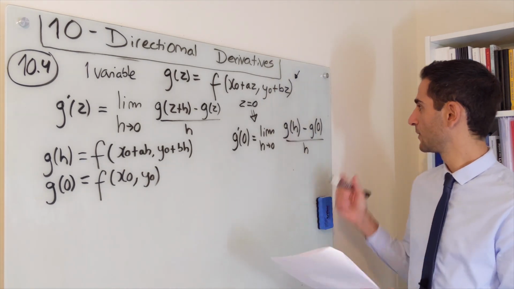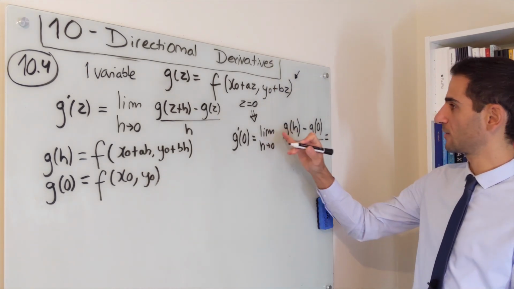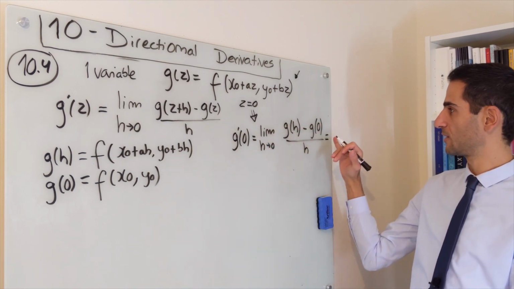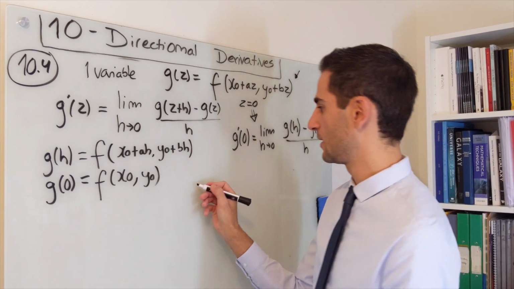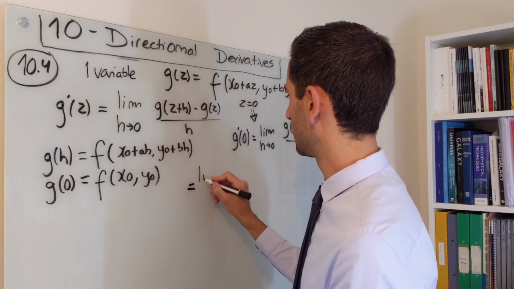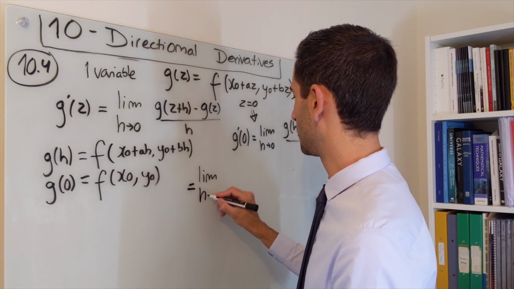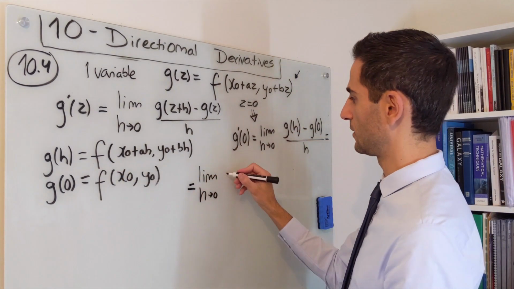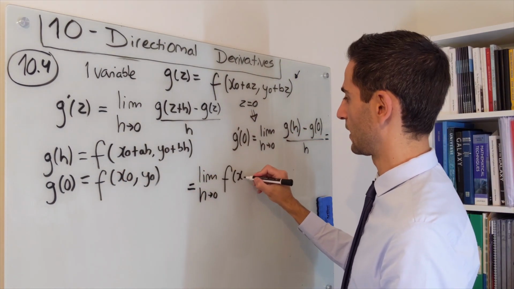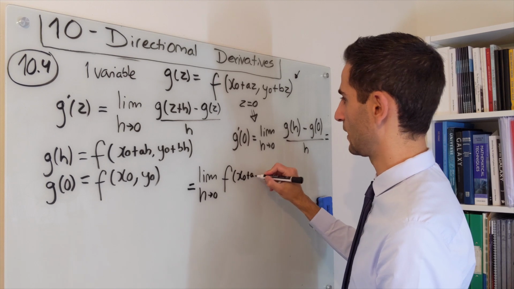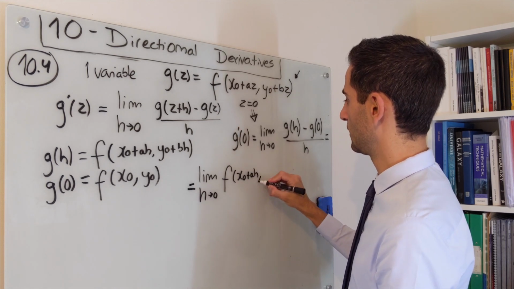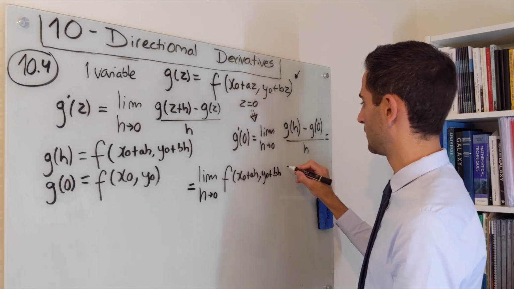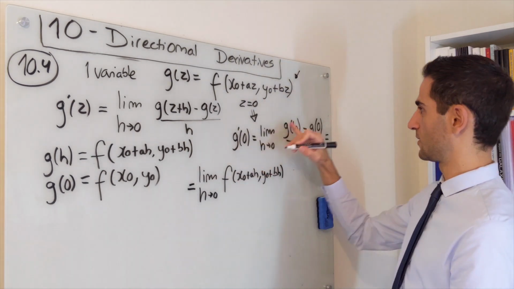Why is this useful? Well, it is useful because we can also write this. All we did is expand what these terms are. This is the same as saying the limit when h goes to 0 of g of h, that's f of x0 plus a h, y0 plus b h.